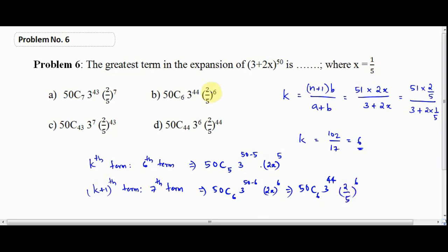So this is one of the greatest terms. We are having two greatest terms, the 6th term and 7th term, and the 7th term is given in option B, so option B is the right answer here.